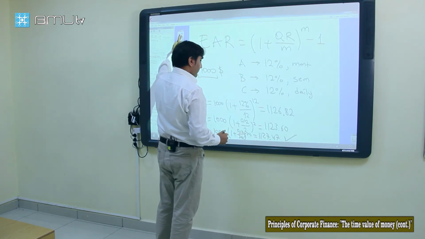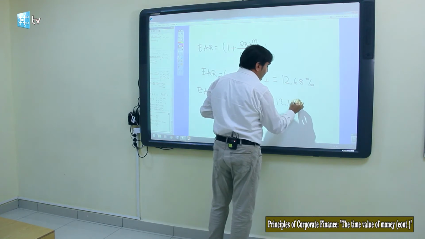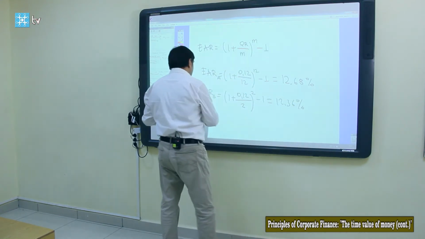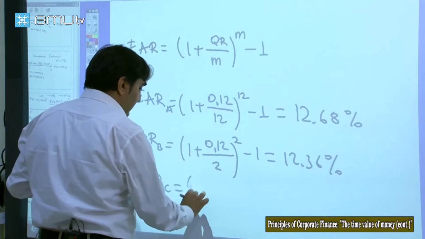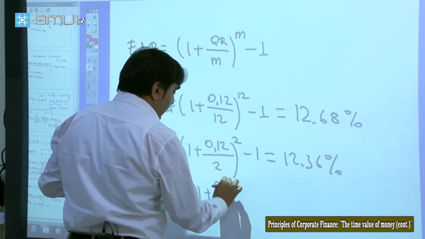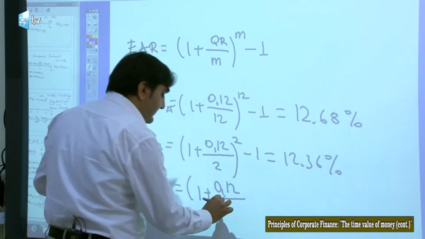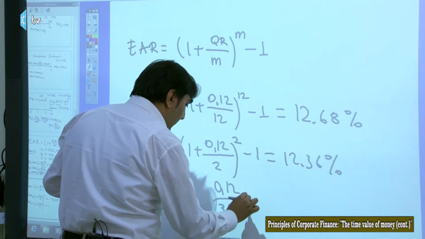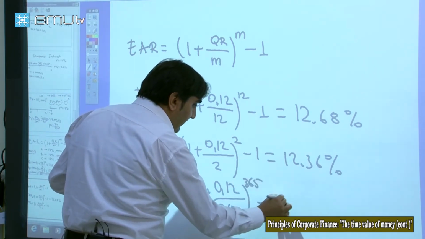And the effective annual rate for option C is 1 plus the rate divided by the number of periods in a year, 365, to the power of 365, minus 1.